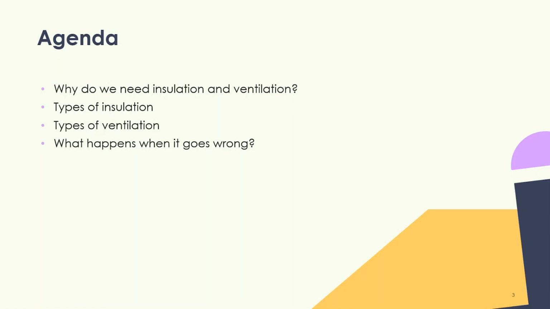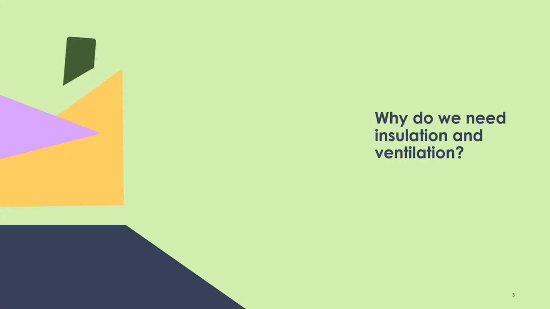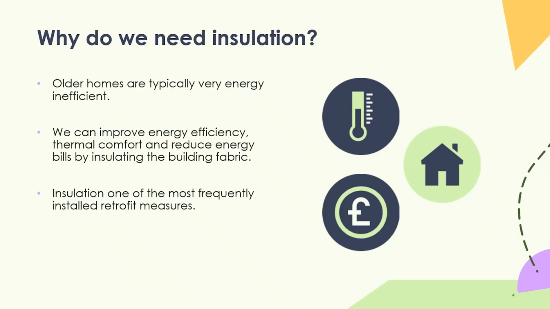Why do we need insulation and ventilation, the types of insulation that we'll be thinking about in terms of retrofit, types of ventilation that you're likely to be thinking about, and a few slides about the risks of what can go wrong. So first up, why do we need insulation?